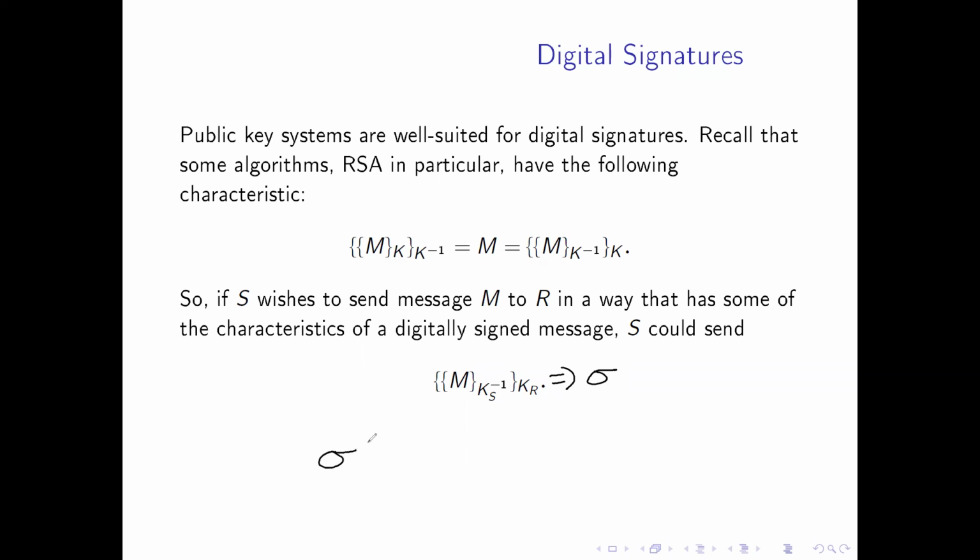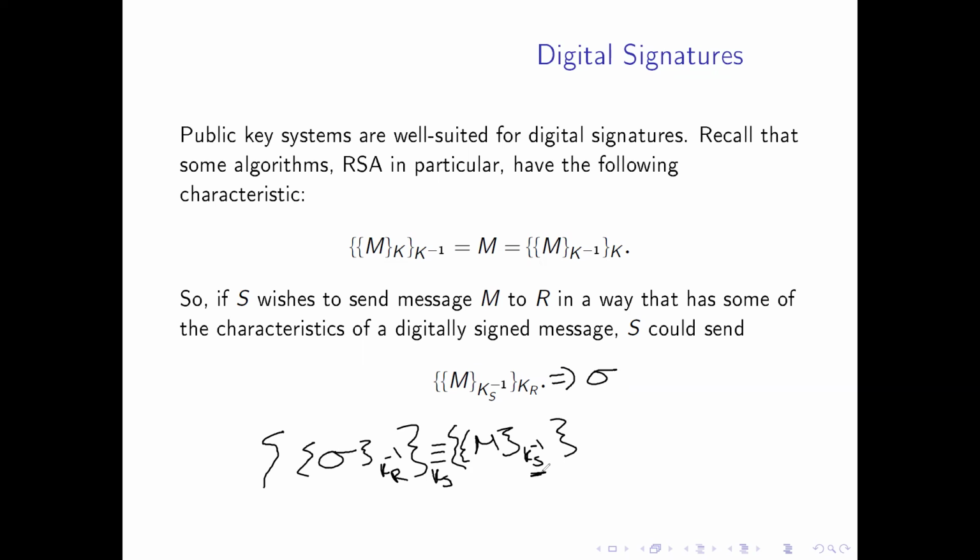If I took sigma and applied the inverse function of R, in other words R's decryption, that would end up giving me M, the KS inverse. But if I then took this value and applied the KS function, which is my public key.